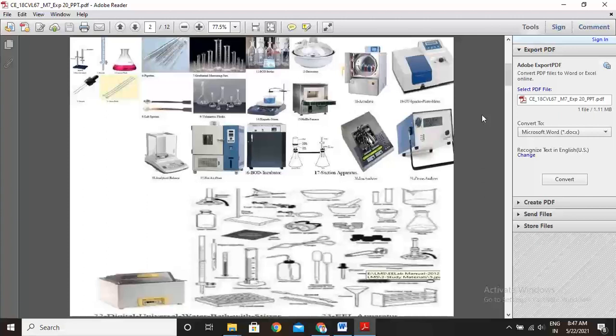These are the apparatus and equipment prepared to conduct the given experiments. These apparatus and equipment we regularly use to execute the required experiments in a laboratory.